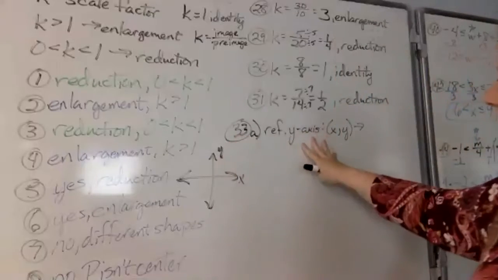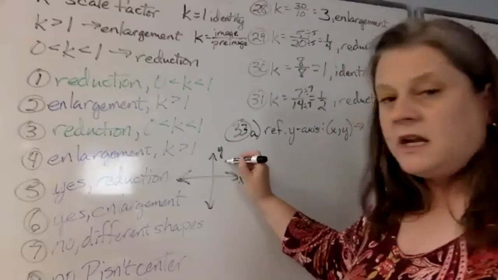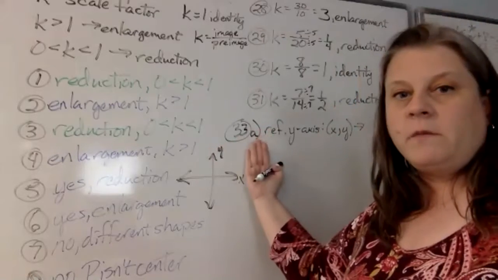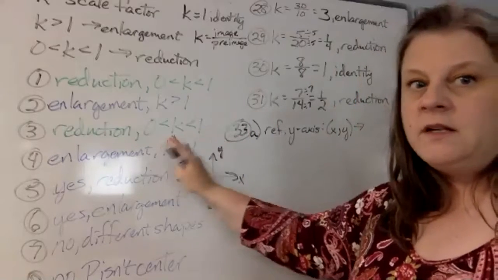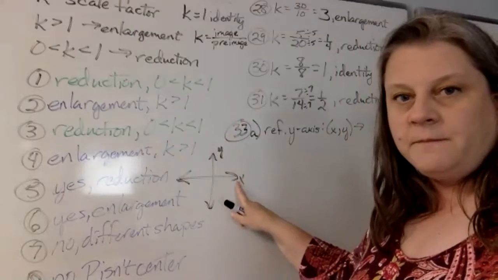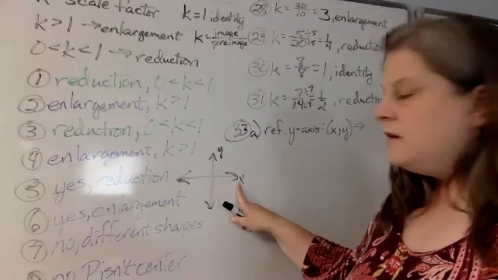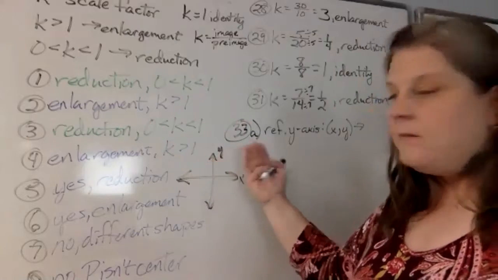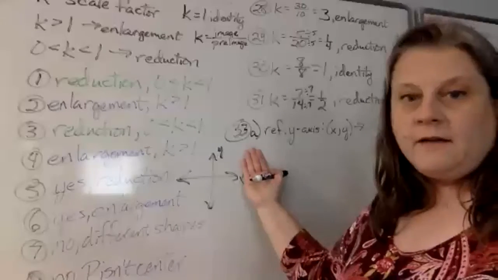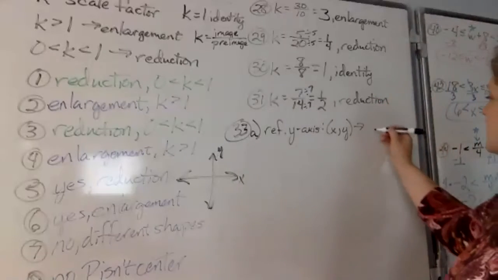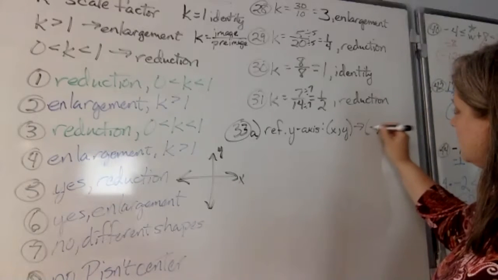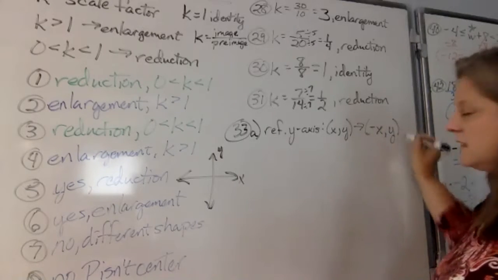So if I'm reflecting over the y-axis and I'm up here, it goes over on this side. So it's just going from the right to the left. So if I'm going from the right to the left, I am changing my x value. The y value is going to stay the same. I'm not moving up or down. I'm changing from right and left. So for that, it's going to be the x becomes a negative, the opposite, and the y stays the same.